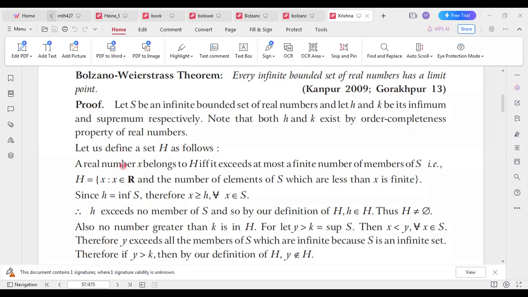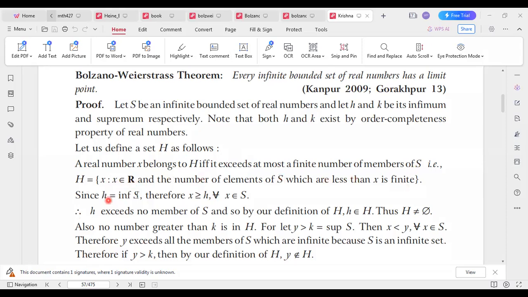A real number x belongs to A if and only if it exceeds at most a finite number of members of S, which is an infinite bounded set. That is, A can be written as the set of x such that x is an element of the real numbers and the number of elements of S which are less than x is finite.